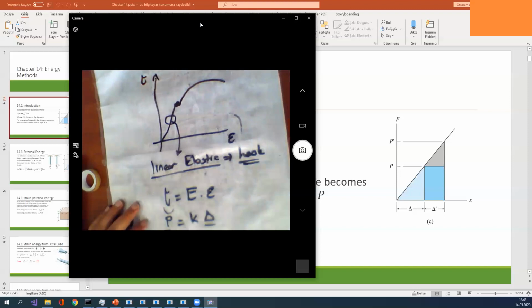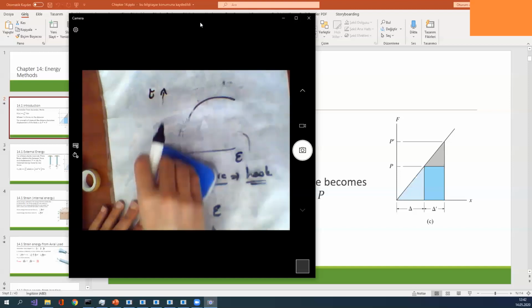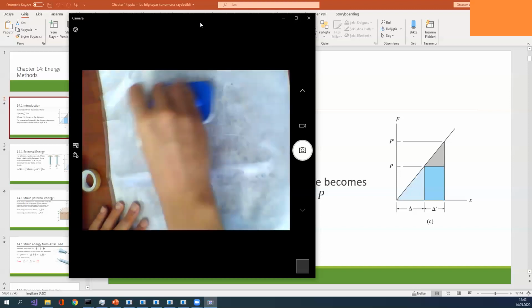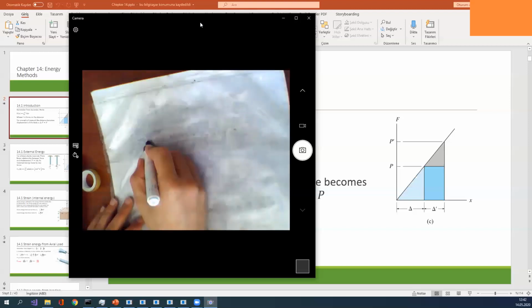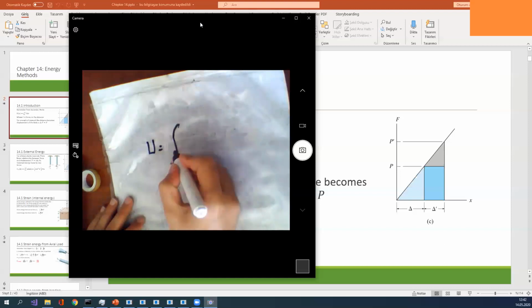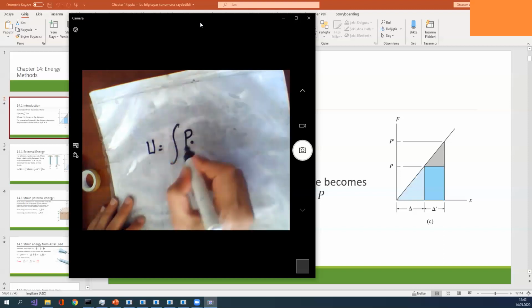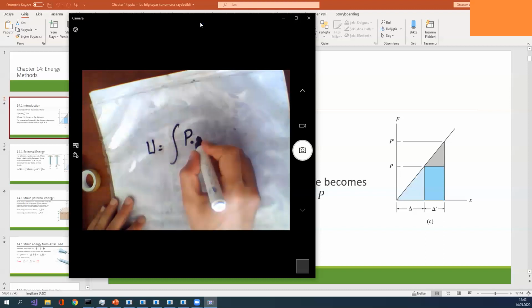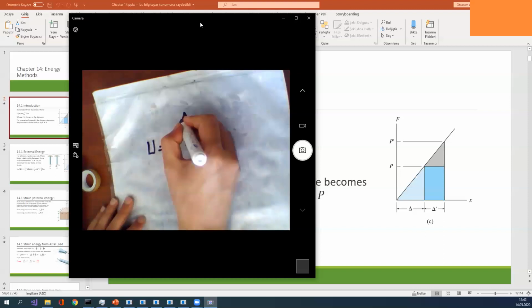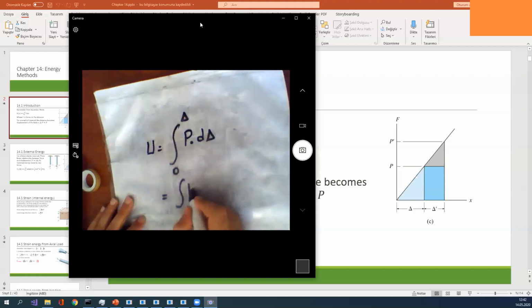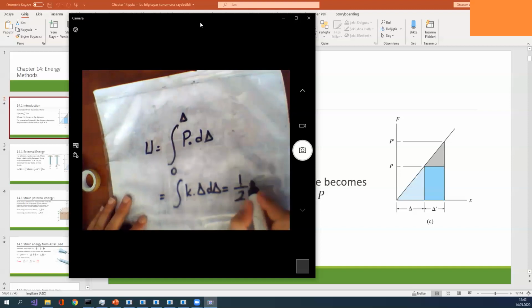If I apply our integral formulation like this, you remember U is equal to the integration. I symbolize the force as P instead of F, so U is the integral of P d delta from 0 to delta. I say integrate k times delta d delta. After integration, I obtain one over two k delta squared.